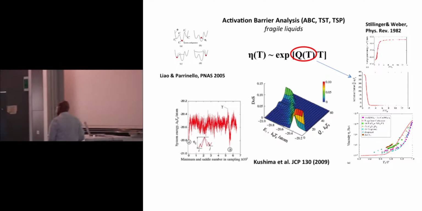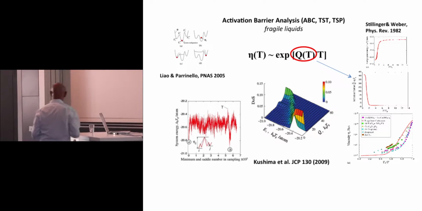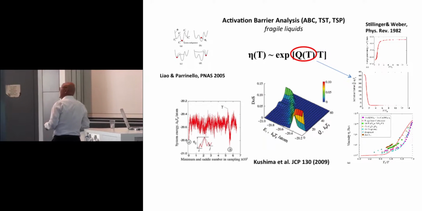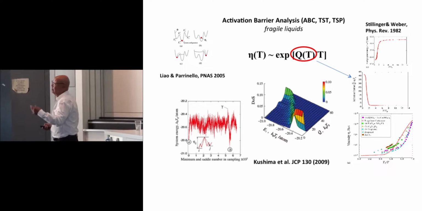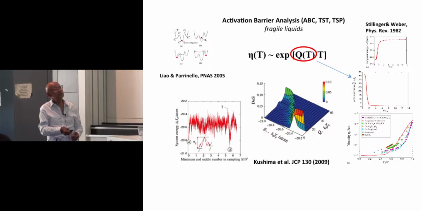Not very well, but keep in mind that this simulation was done with the binary Lennard-Jones potential, the so-called Kob-Andersen potential. It was not fitted to any of these fragile liquids. In fact, it was not intended to give a very good description. Nonetheless, it seemed to capture the qualitative behavior.